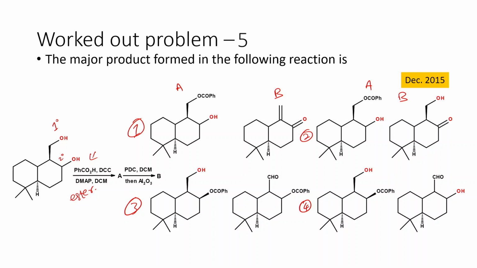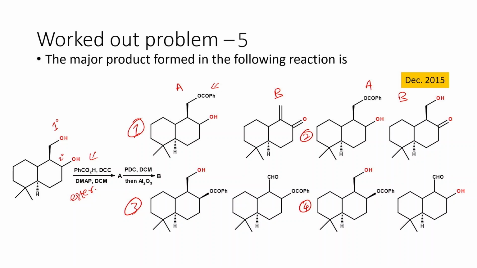In the first intermediate A, we have an esterification reaction. So either the primary alcohol will undergo esterification or the secondary alcohol will undergo reaction. If you look at 1, 2, 3, 4, in 1 and 2 the primary alcohol underwent reaction, and in 3 and 4 the secondary alcohol underwent reaction.